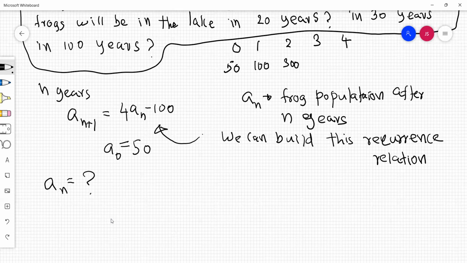You learned how to find a_n from the last lesson. By solving the associated general equation.